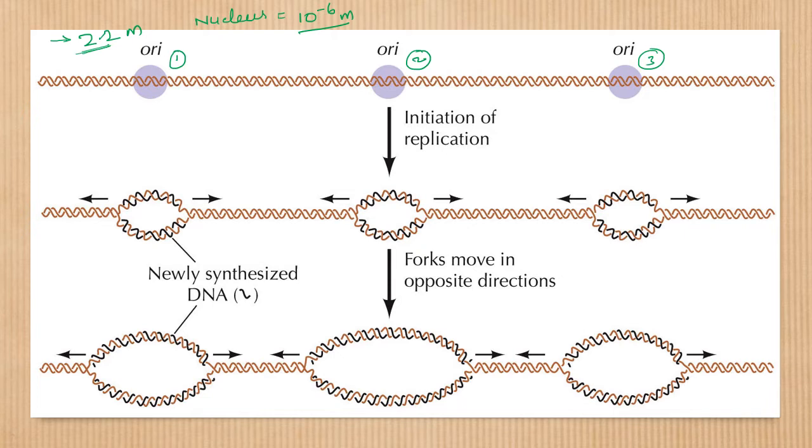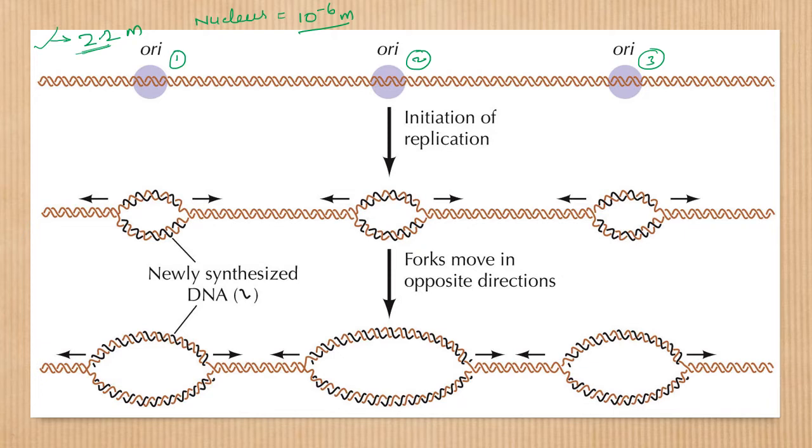Multiple origins we can observe. Why do multiple origins start in DNA replication in eukaryotes? Because of its length. So with multiple origins, we call each one a replication unit or replicon.